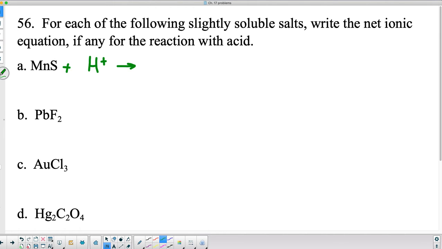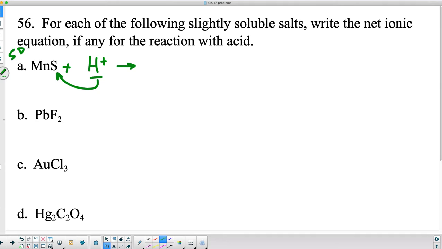So notice what happens here. You can consider this to be almost like a single displacement reaction, where this is going to go with a cation. This is a cation that's going to go with an anion here. So H and S come together and leave Mn out to dry, except this time it has a charge.